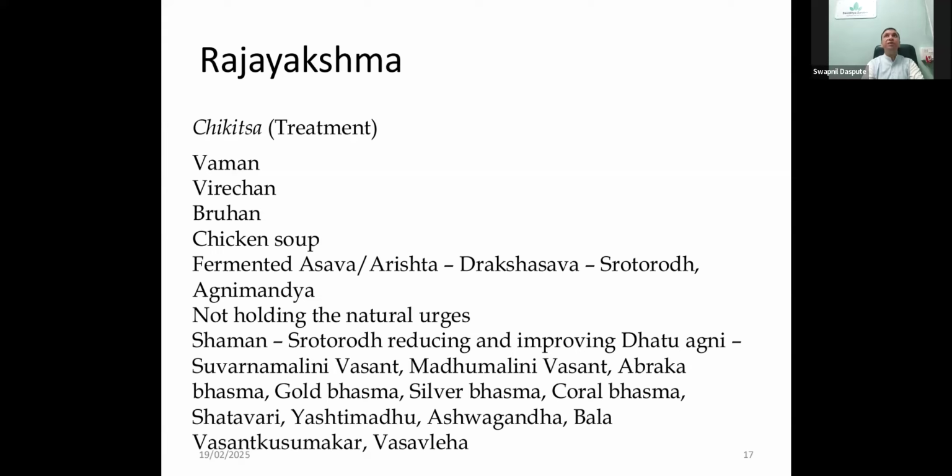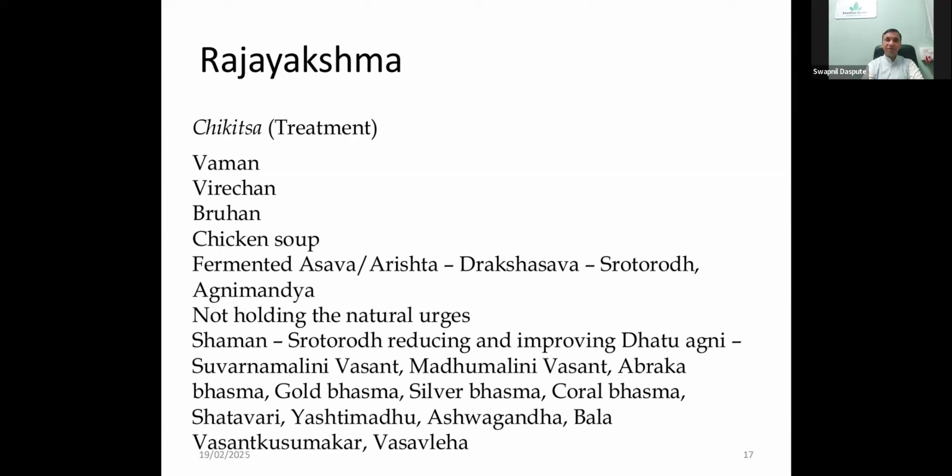So a patient who has any disease related to the respiratory system can be given Vasavaleha first as treatment and second as Rasayana, to build immunity and strength of that particular system, the respiratory system in this case.